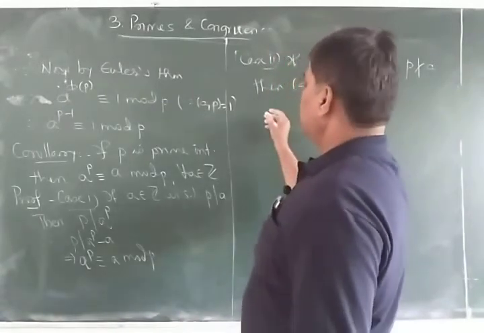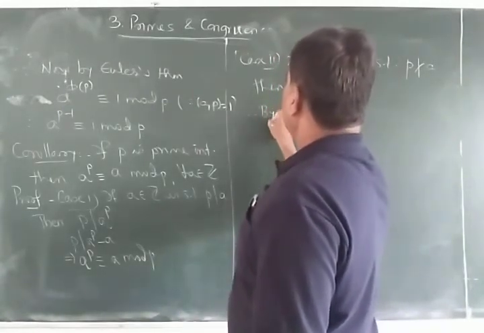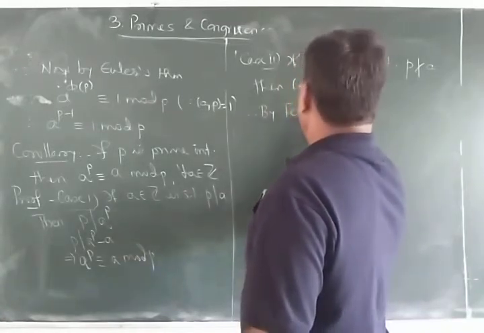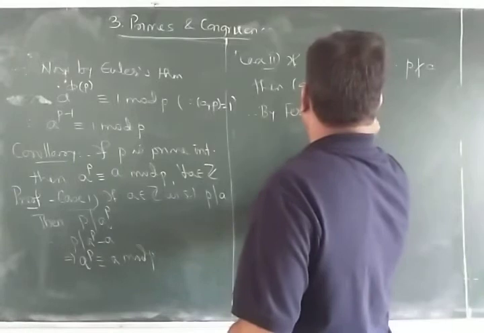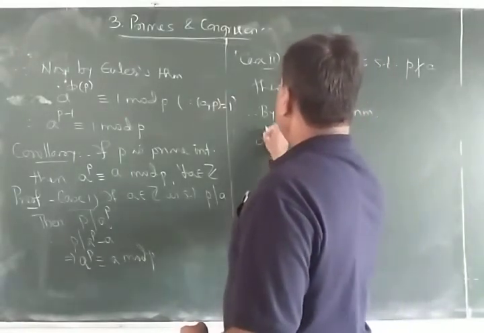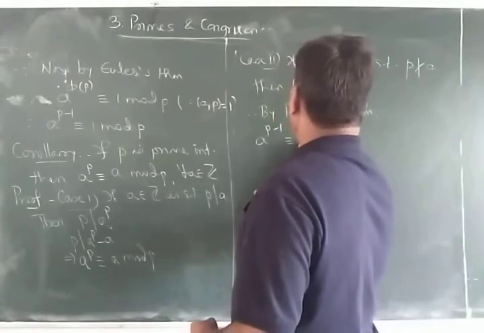Therefore, by Fermat's theorem, a raised to p minus 1 is congruent to 1 mod p.